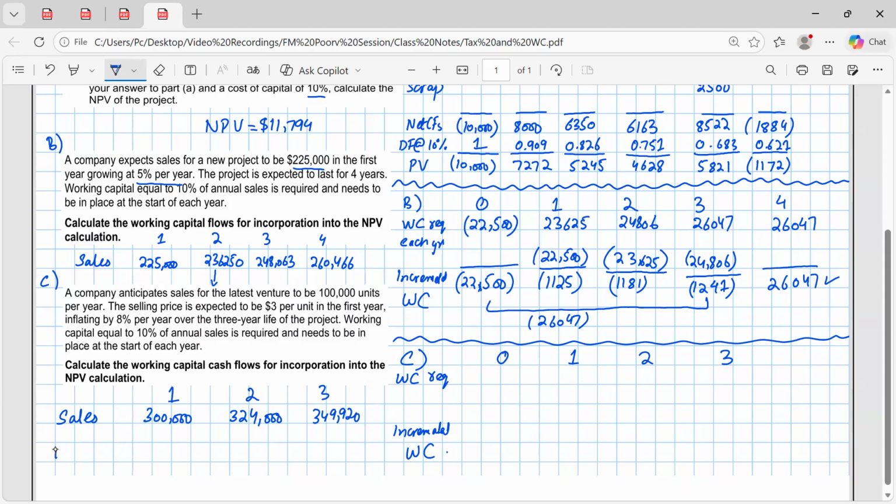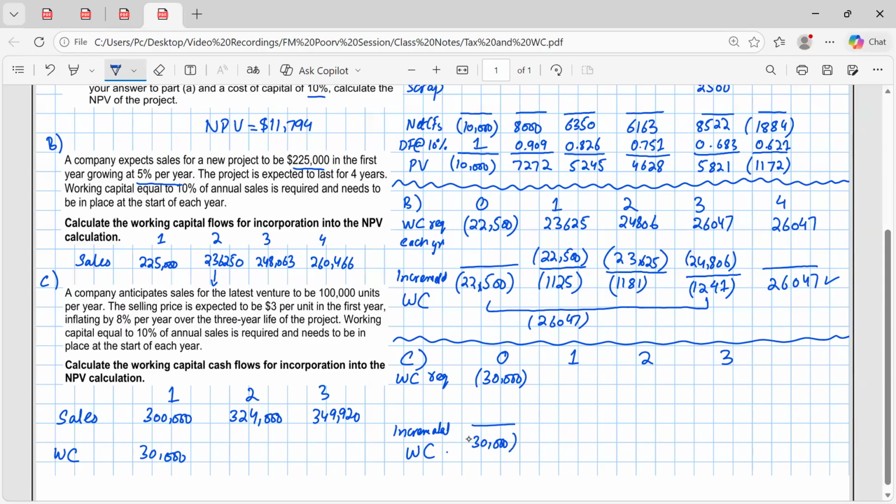So working capital for year one is 30,000, but you will invest that at the beginning, in year zero, 30,000. I am repeating again and again that you make an investment prior. If the sales is going to happen by the end of year one, you need to invest that in year zero. So the incremental working capital is going to be 30,000.